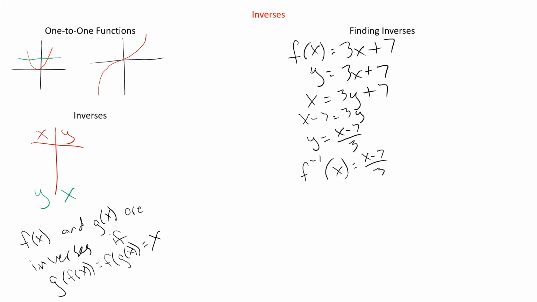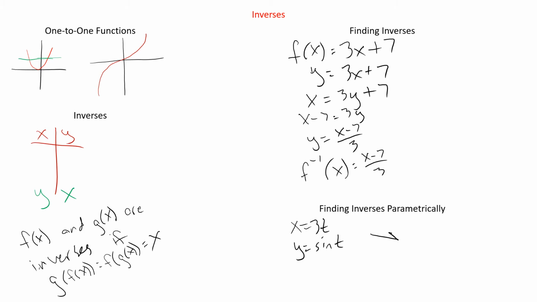That's finding inverses using the Cartesian coordinates, but I promise to tell you how to find inverses parametrically as well. So to do this, if we have a parametric equation, let's say x equals 3t, y equals sine t, remember, to find inverses, we literally switch the x and the y.